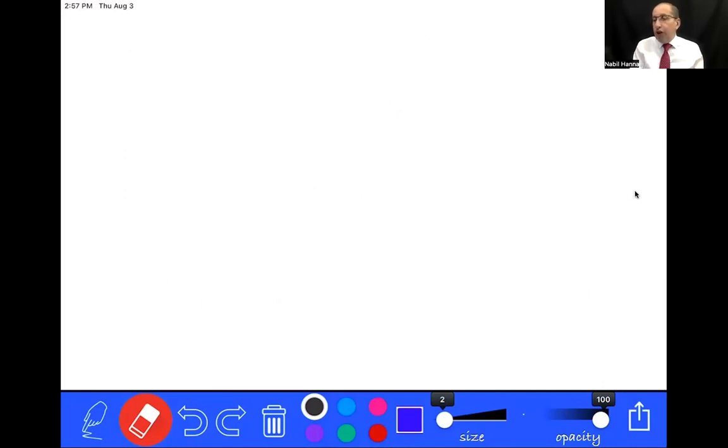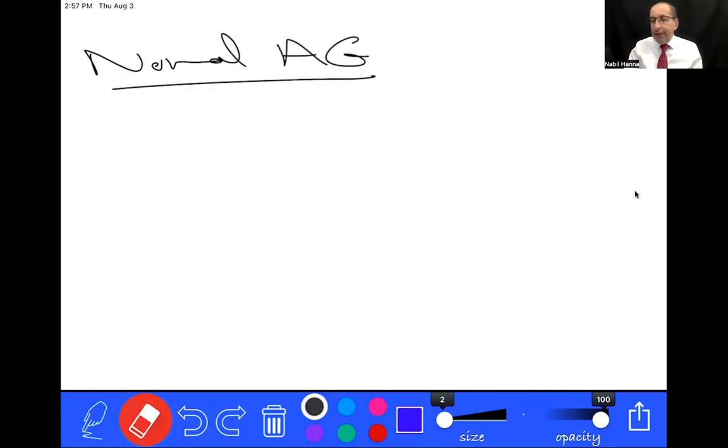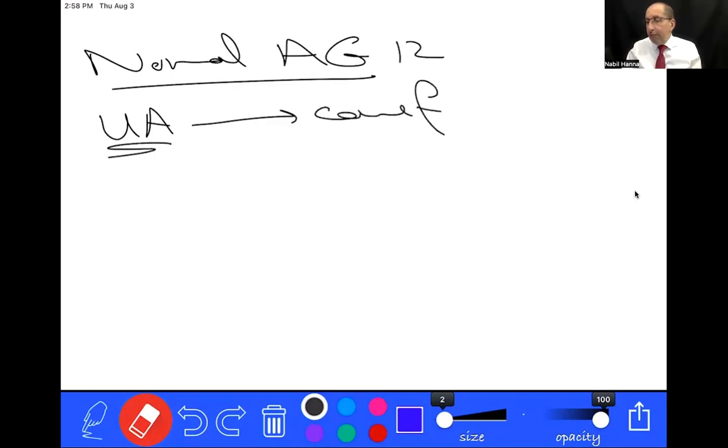So the normal anion gap tells us that the 12 unmeasured anions come from albumin.